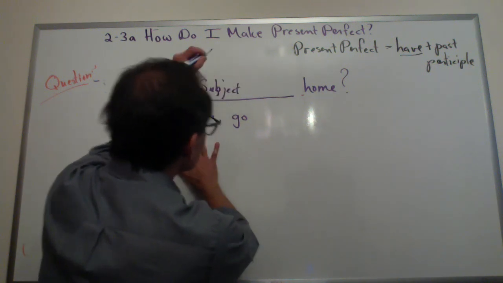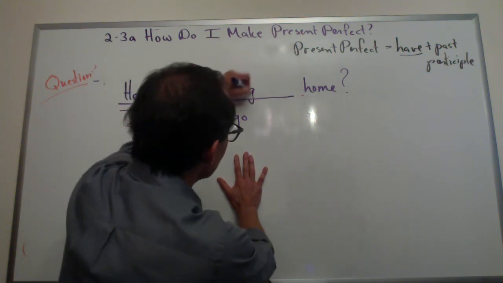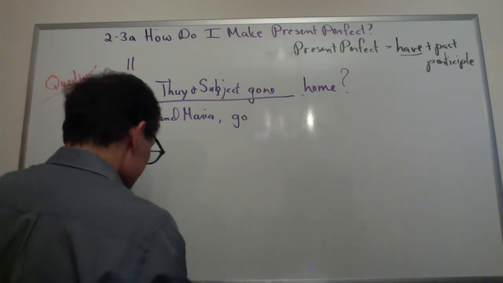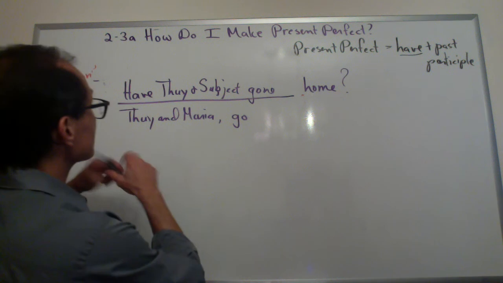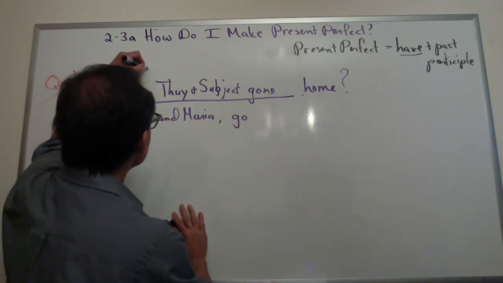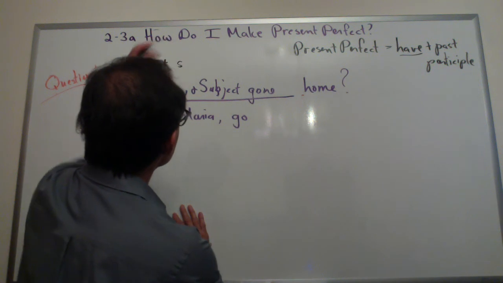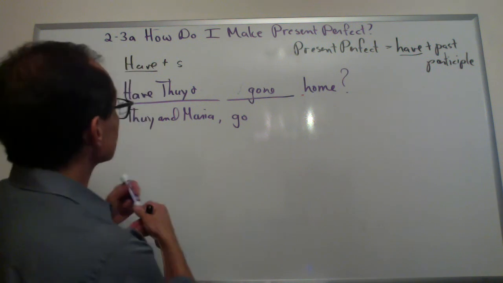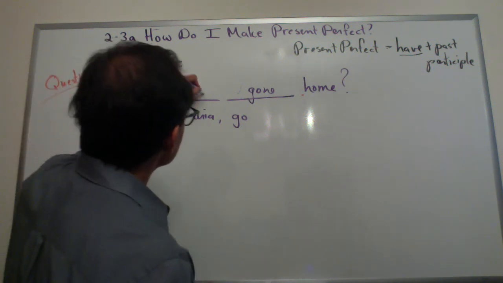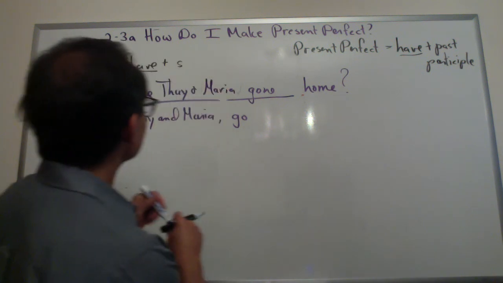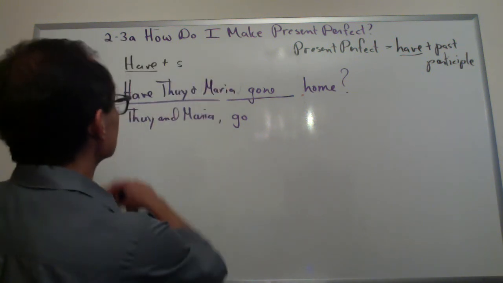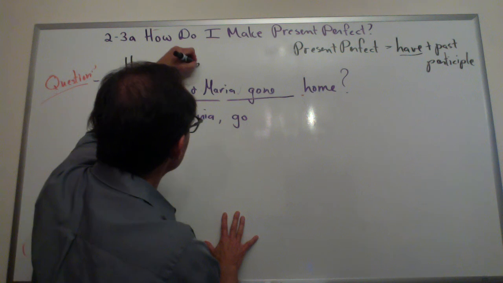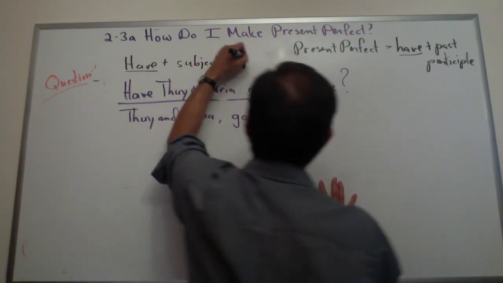And then I use the past participle. And I say gone. So to make a question, I'll use have plus subject. Well, did I write Twee and subject there? I sure did. I was thinking about subjects. So have plus the subject is Twee and Maria, the people or things that do the action, plus past participle.